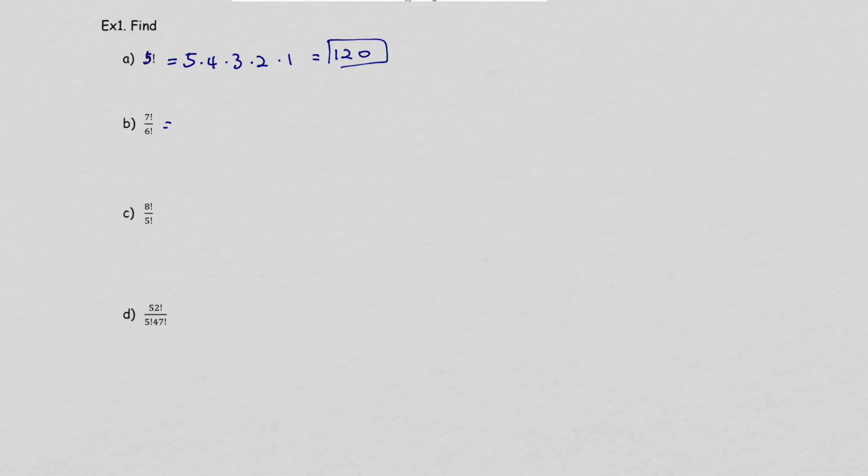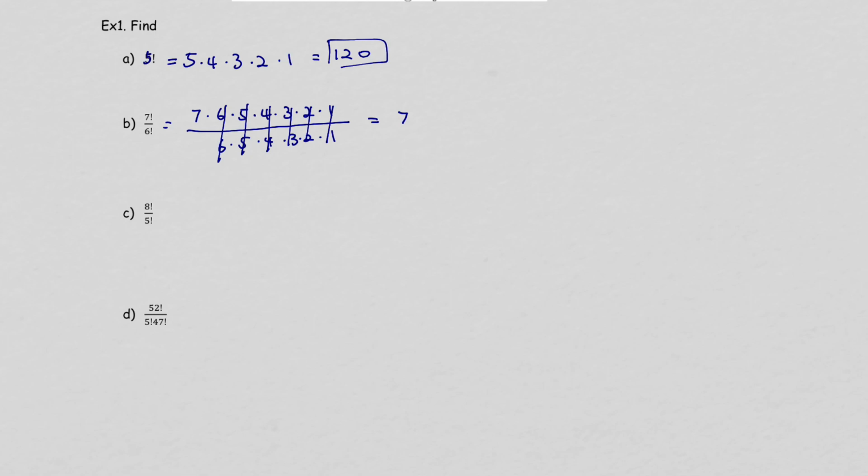What if you have factorials in fraction form? Well, 7 factorial is multiplying starting from 7 all the way to 1, and 6 factorial is starting from 6, multiplying all the way to 1. So if you have this order of factorials, it cancels out and just gives you 7.